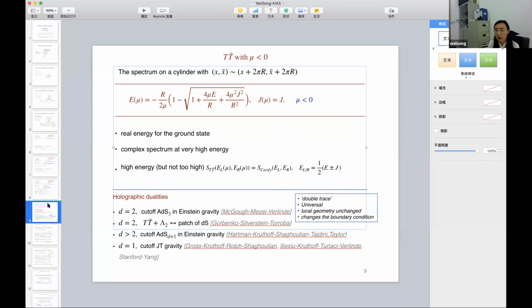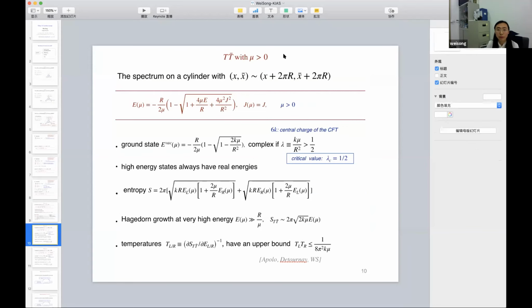On the other hand, there's another choice of the sign, which is that mu, this deformation parameter, is positive.